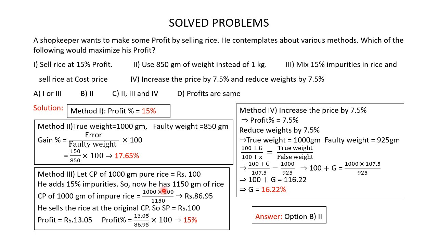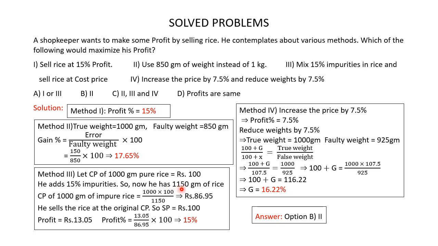So now he has 1150 grams of rice. That is 1000 grams of rice and 150 grams of impurities. So now he has a total of 1150 grams of rice. Now the cost price of this 1150 grams of rice is still rupees 100.